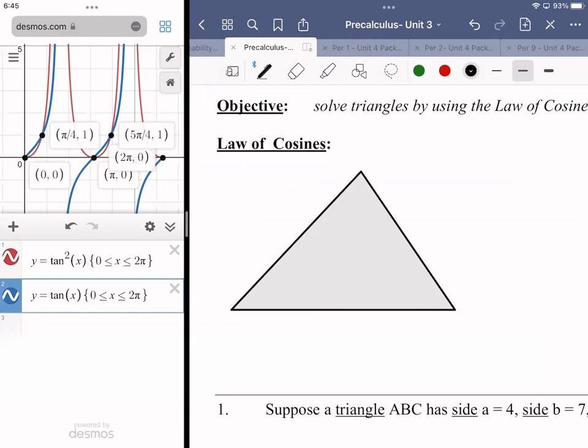SOHCAHTOA is something that you should be familiar with. You know, like the right triangle ratios: sine is opposite over hypotenuse, cosine is adjacent over hypotenuse, tangent is opposite over adjacent. But when it comes to trigonometry, the root of trigonometry is trigon, which is another name for triangle, right? So it's the mathematics of triangles.